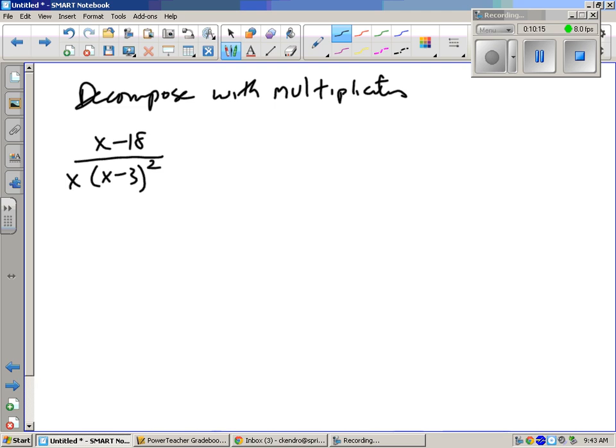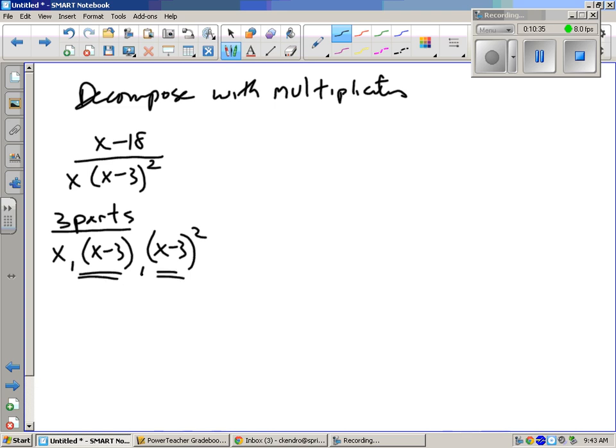All right, so what we do is we're actually going to have three parts to the denominator. You're going to have x, you're going to have x minus 3, and you're going to have x minus 3 squared. So you have to count them both, but you also have to count just a plain old x minus 3 along with the x minus 3 squared. That's just how the math works.